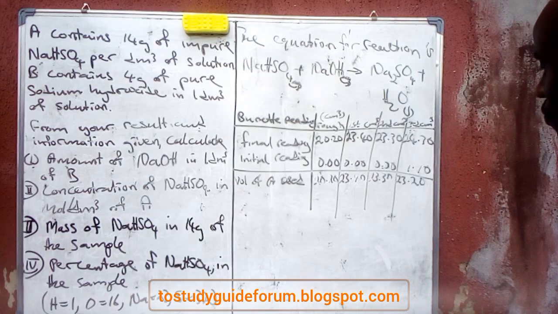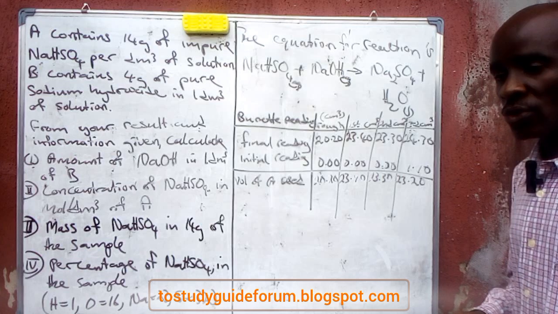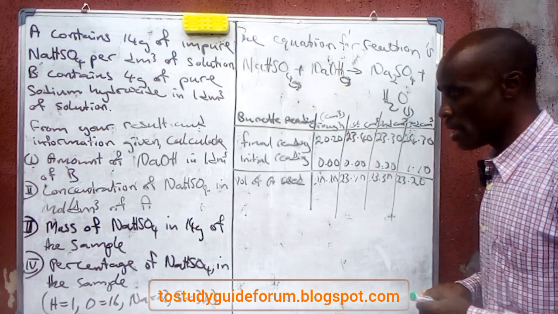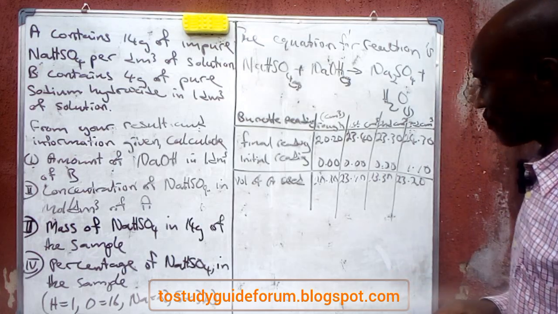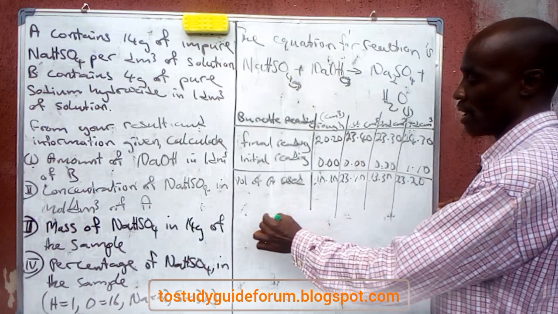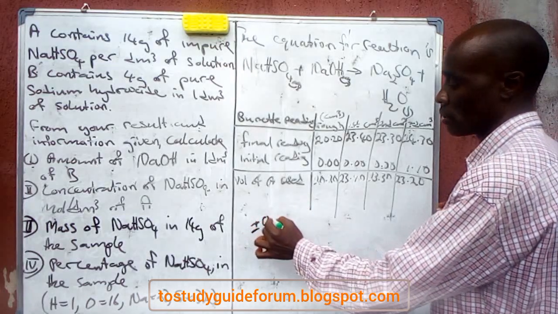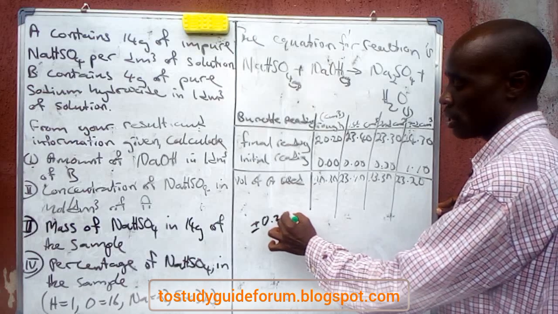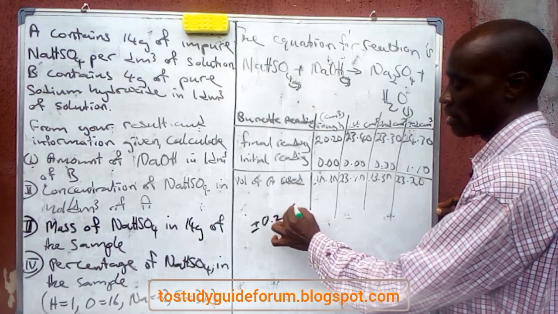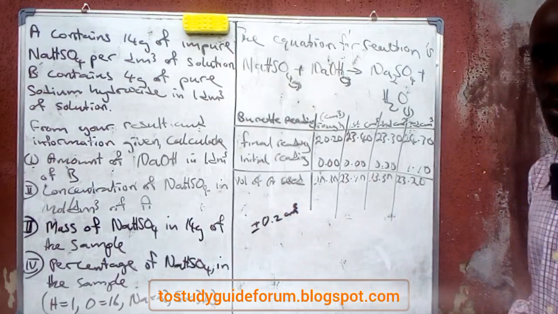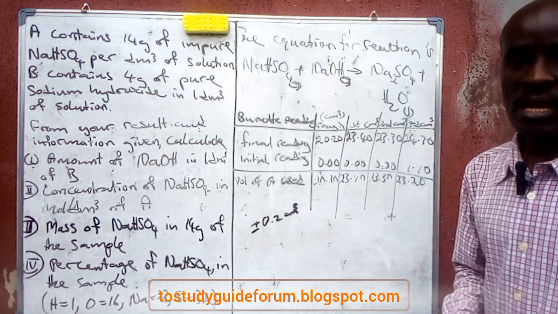Don't use any value that has a difference of more than plus or minus 0.2 cm3. Anything more than this should not be used, but anything less than this can be used.